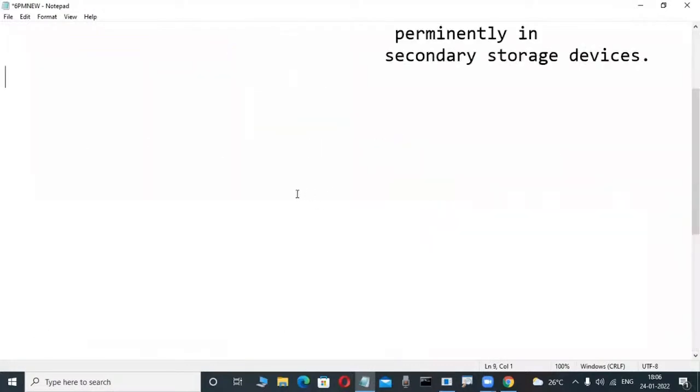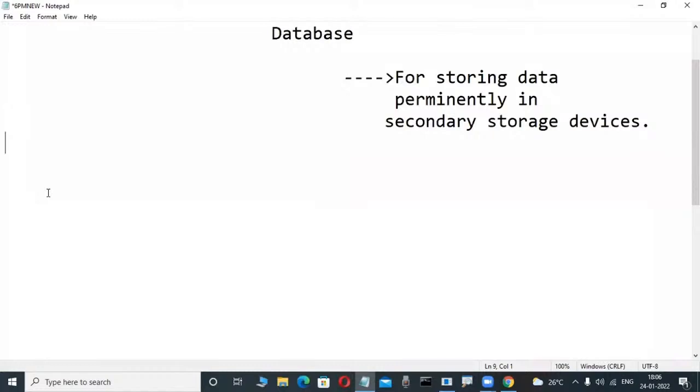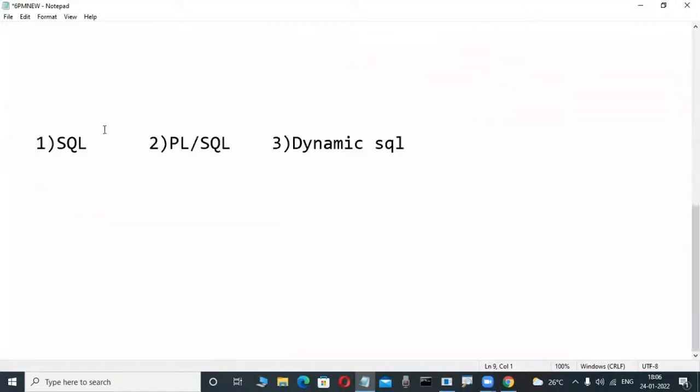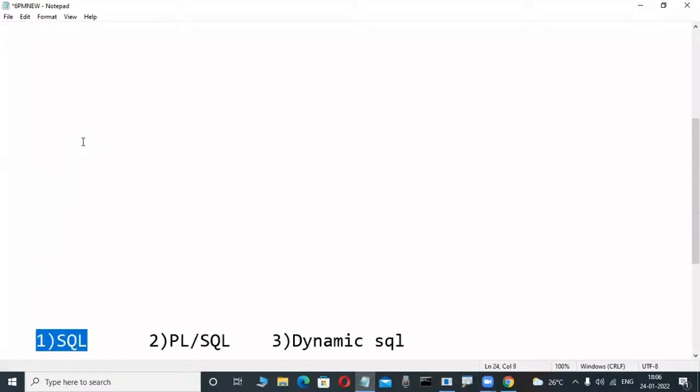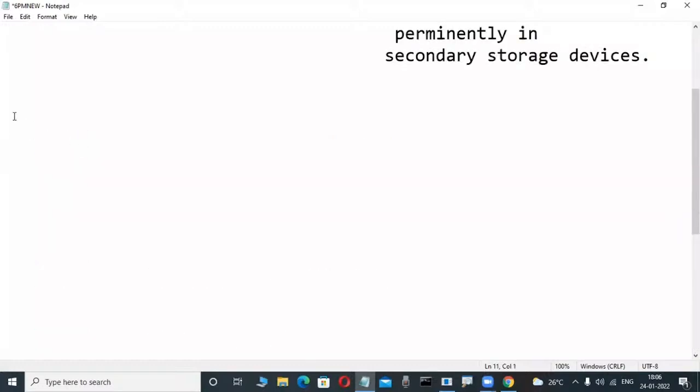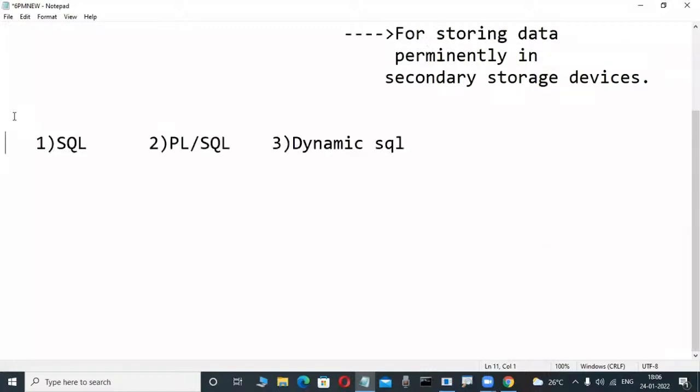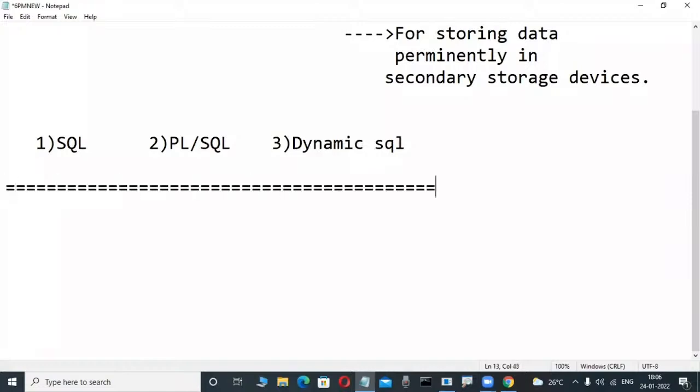These databases, Oracle, SQL Server, DB2, Sybase, MySQL, are all implemented based on the relational data model concept. To operate them, we use SQL. But for the Oracle database product, we use three languages: one is SQL, another is PLSQL, another is dynamic SQL. Up to this, we learned in previous classes.